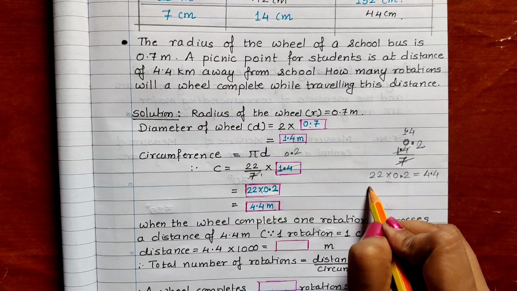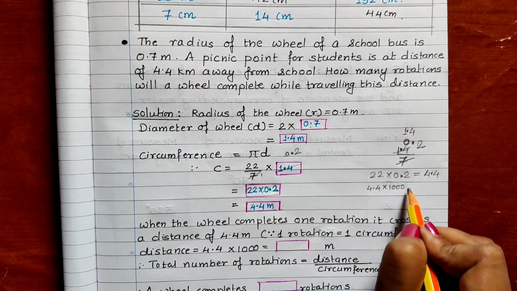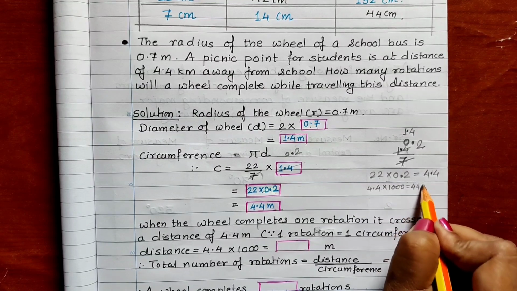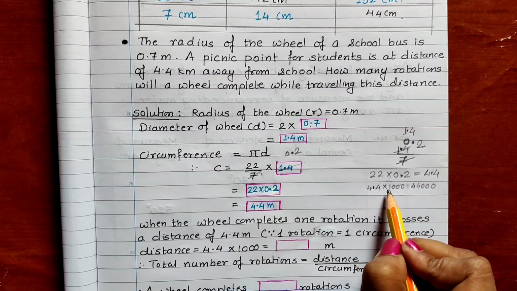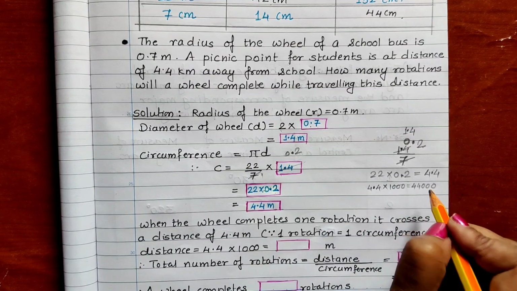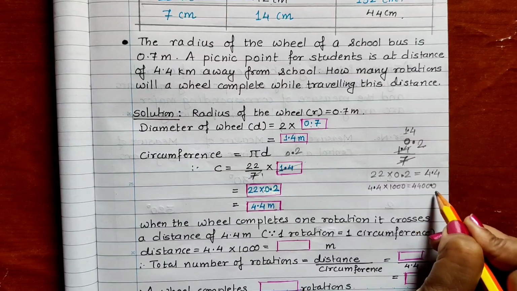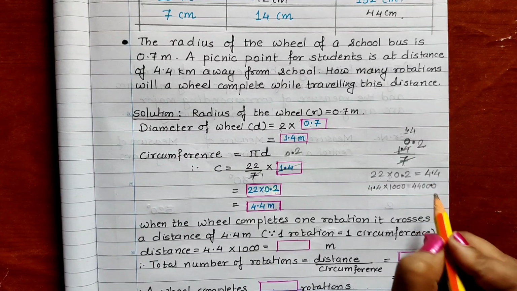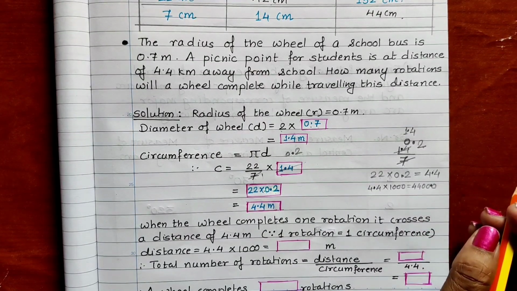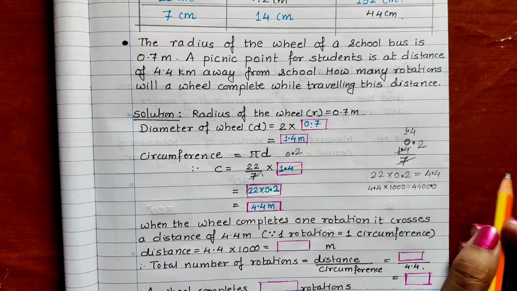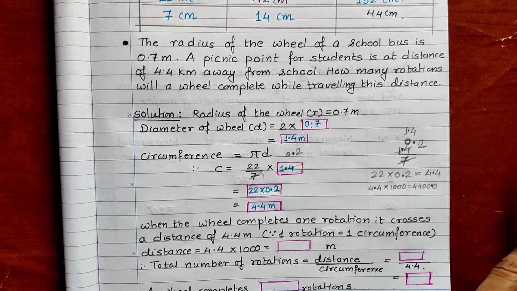Here I will show again in rough. 4.4 multiplied by 1000. What do we all get? 4 and then 3 zeros. But in 4.4 after the point 1 digit is there. So in the answer also, after the decimal point there should be one digit. So after the decimal point on the right hand side there is one digit, 0. After the decimal point, if 0 is there or any number of zeros are there, it doesn't have any value.